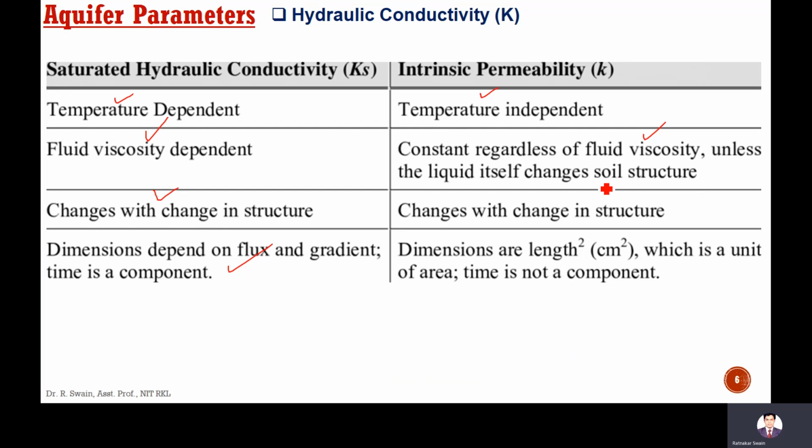It changes only with the change in the structure, the soil particle arrangement. Its dimensions are length squared, the unit of area. Time is not a component. It mainly depends upon the soil properties, but hydraulic conductivity depends upon both fluid and soil properties.